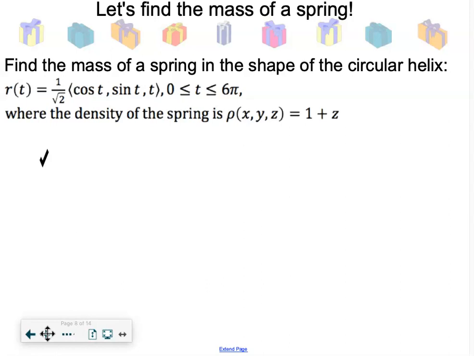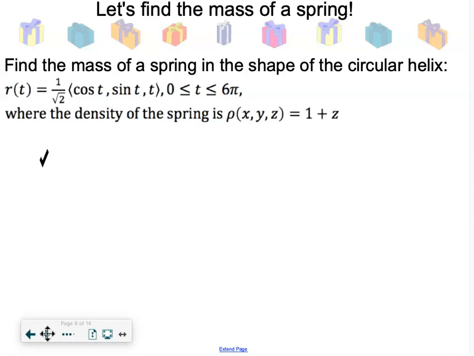So remember the mass of a spring, that's just the mass of the curve, the wire. With the given density function, they've given you the path that the spring follows already in parametric form, so you don't have to convert.